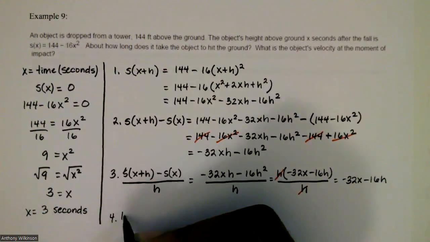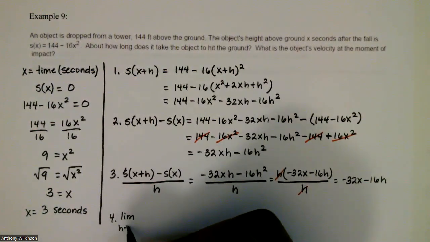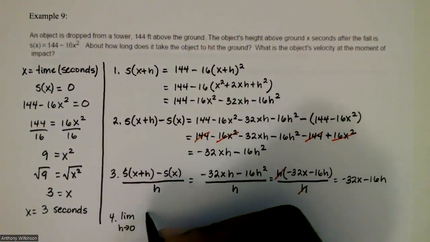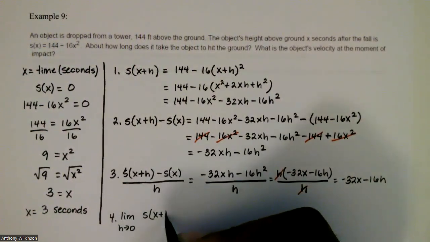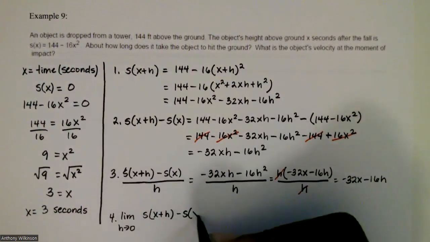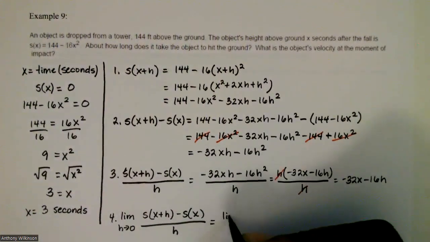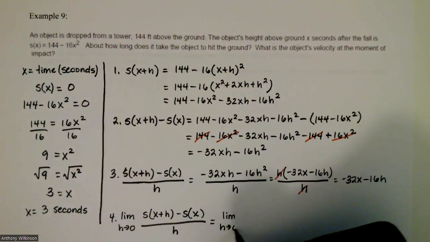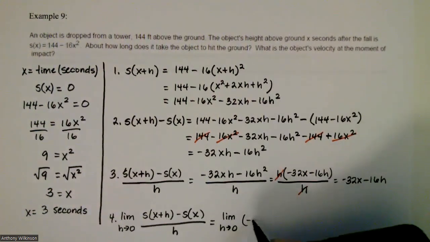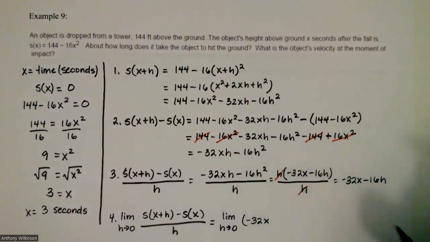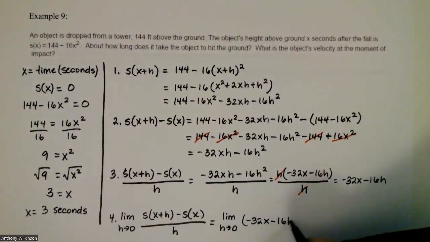So step number 4 is the limit as h approaches 0 of s of x plus h minus s of x, divided by h. So here I have the limit as h approaches 0 of negative 32x minus 16h.